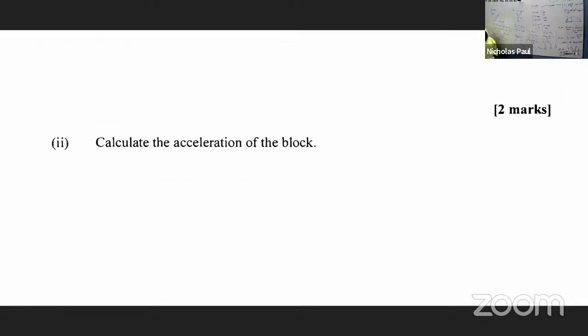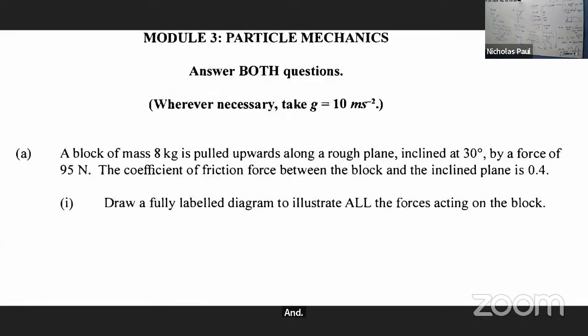Then for the components, I try to find what you need. And we do the diagram again.